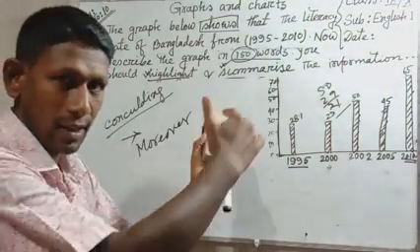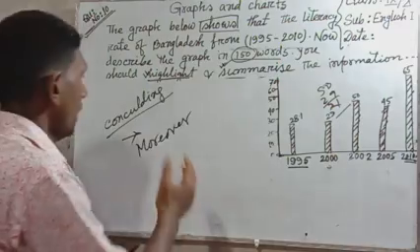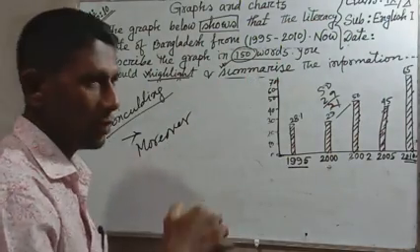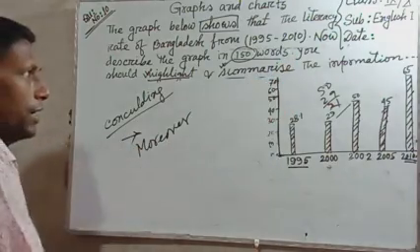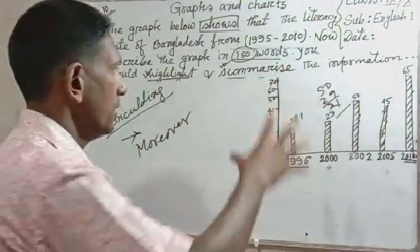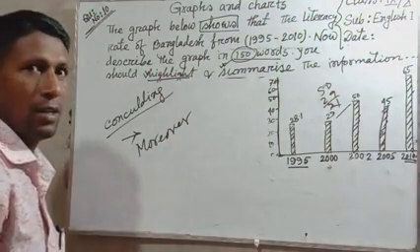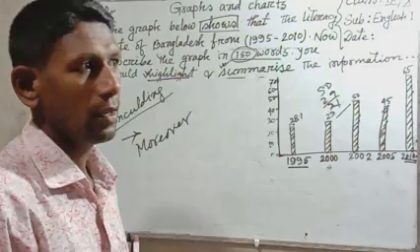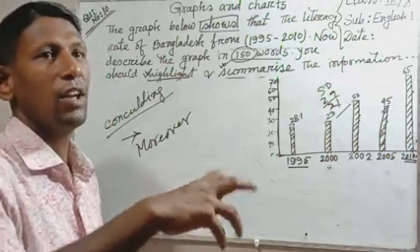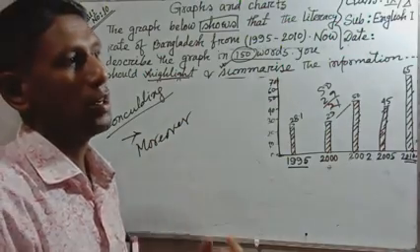At the last portion, or in conclusion, we can say that the rate of literacy in Bangladesh is fluctuating, that means it is fluctuated.